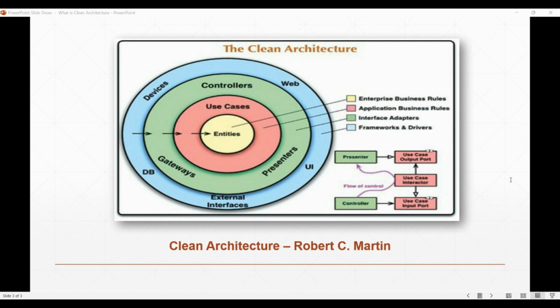As he mentioned in his book, the concentric circles in this diagram represent different areas of software. In general, the further in you go, the higher level the software becomes. The outer circles are mechanisms, the inner circles are policies.